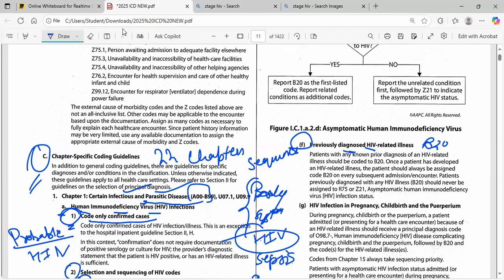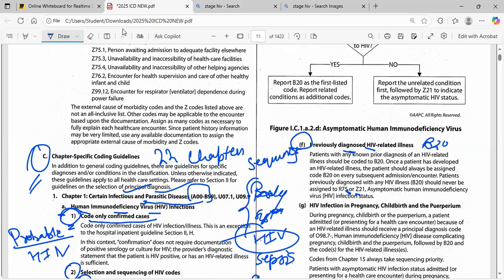So once you start using B20 for a particular patient, you are not allowed to use Z21 or R75 in future encounters for that same patient. Once B20 is established for a particular patient, you have to keep using B20 for that patient.